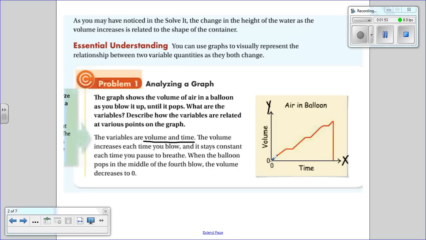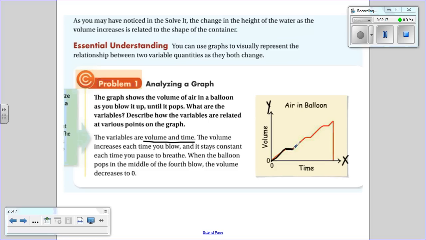So what is this showing? Well, what it's showing is that each time you blow, you're blowing for whatever amount of time, a few seconds, the volume in the balloon increases. Okay? Then what does this part show? Well, if you think about blowing air into a balloon, you have to take some time to get the air back in your lungs.